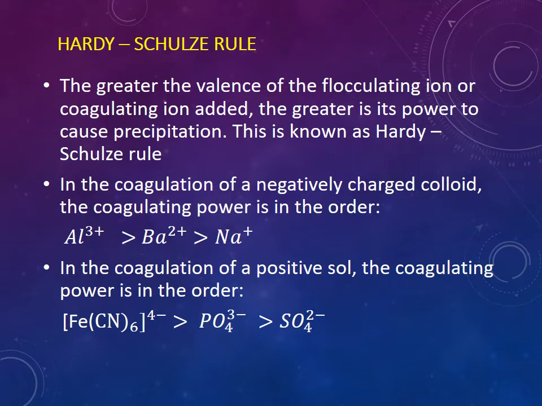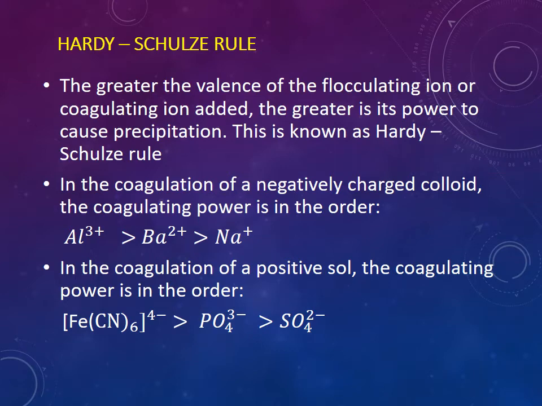That is, when we add aluminum chloride electrolyte to a negatively charged colloid, precipitation becomes faster because in aluminum chloride the charge of aluminum is plus 3. So due to the higher positive charge, it can easily neutralize the negatively charged colloid.